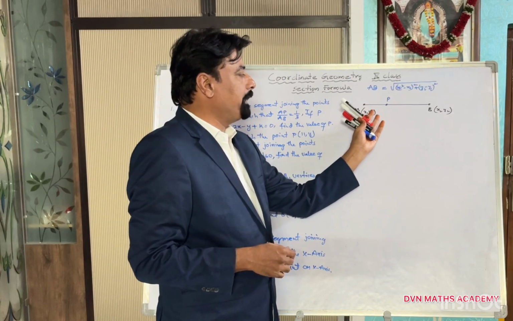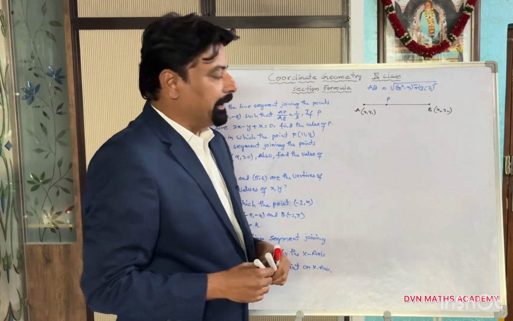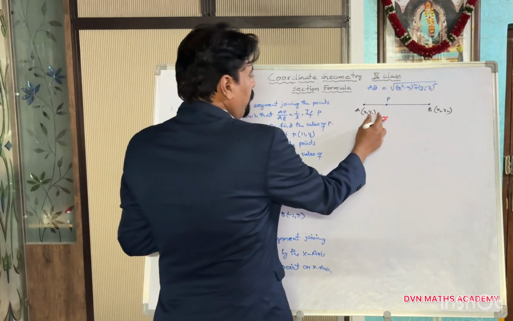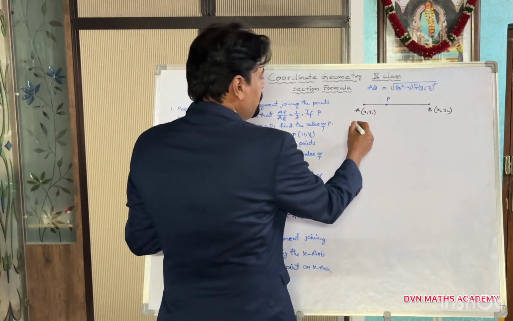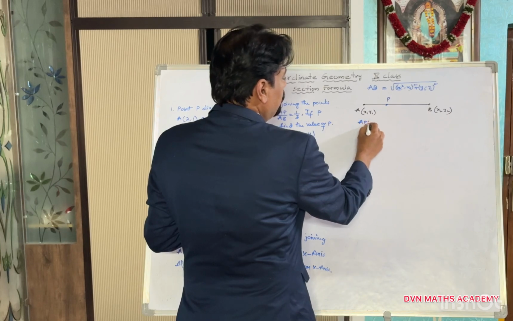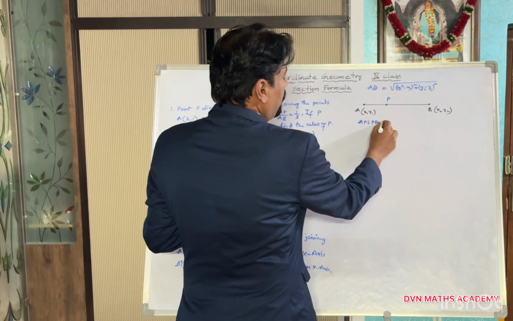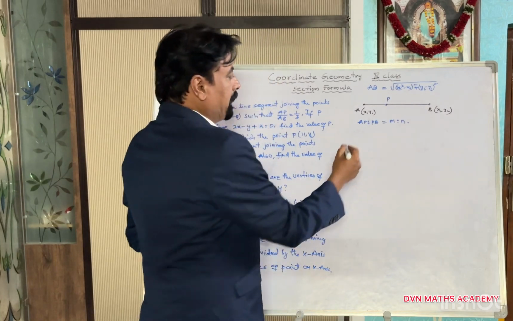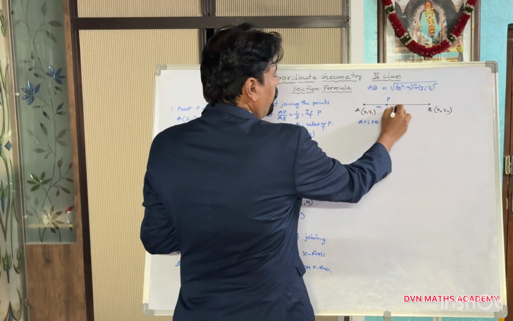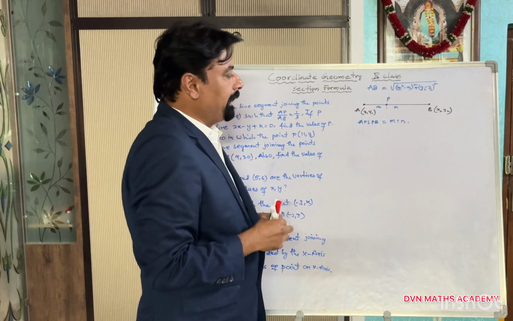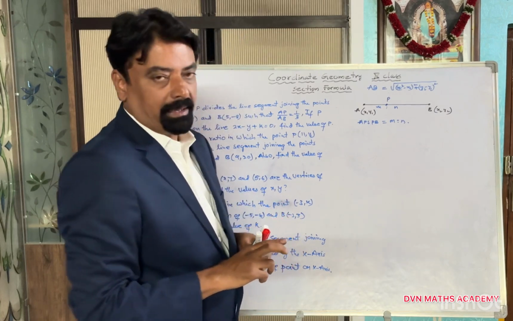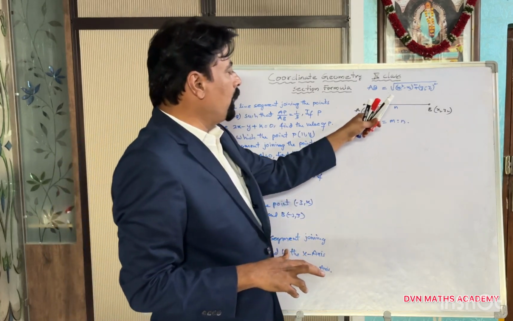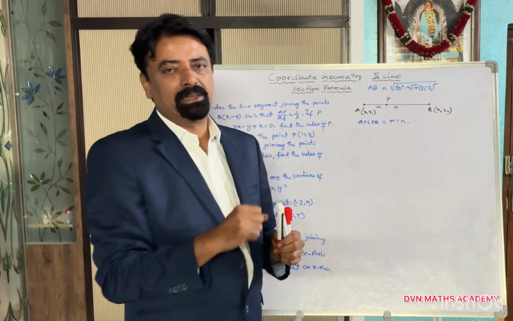One part is AP and another part is PB. According to the ratio, AP is to PB is equal to m is to n. So P divides AB in the ratio m is to n. Then how to find the coordinates of P? That is called the section formula.